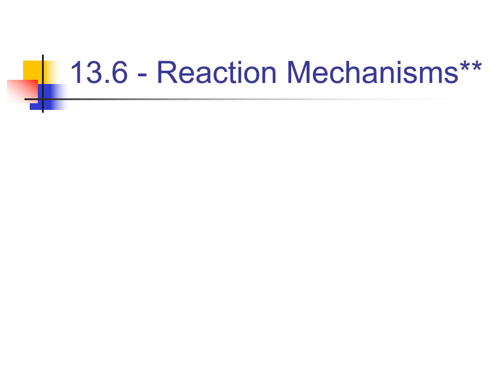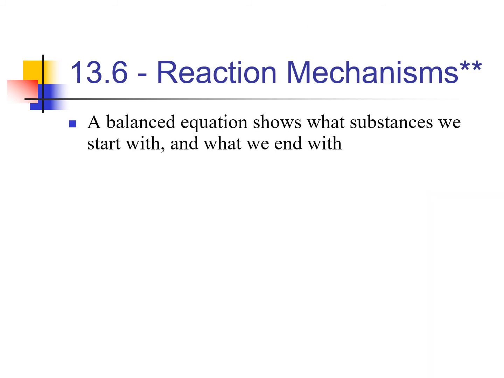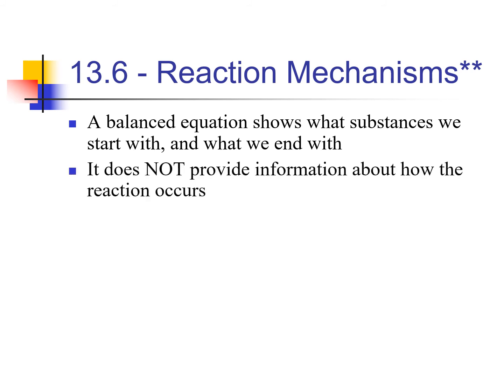And we are into the home stretch here. We're doing 13.6. This is the last section in the chapter. So we know that a balanced equation shows us what substances we start with and what we end with. That's it. But it doesn't tell us how the reaction occurs. And I want to be clear about that. It's just saying what we start and what we end, not the middle.